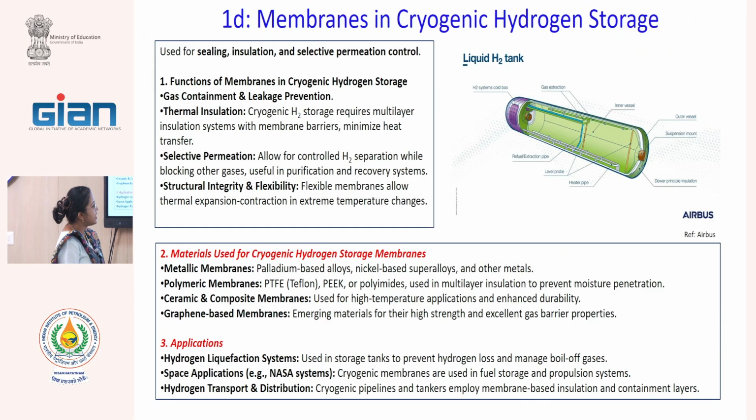The membrane is basically at the outlet sector. In this Airbus system, they basically use a palladium type of membrane, or you can have other options like polymeric or ceramic or graphene-based membranes which are used by other companies.